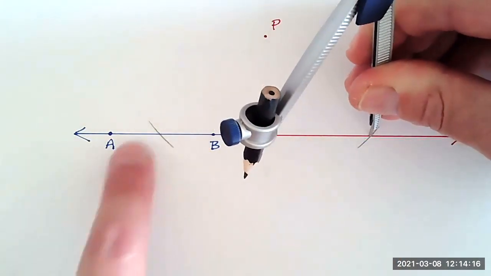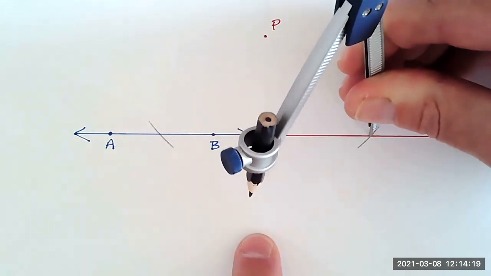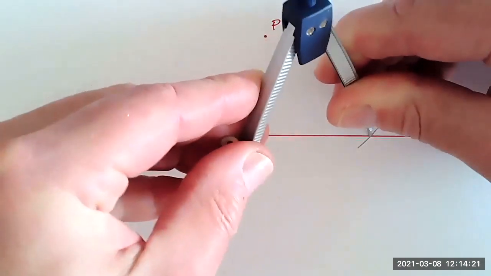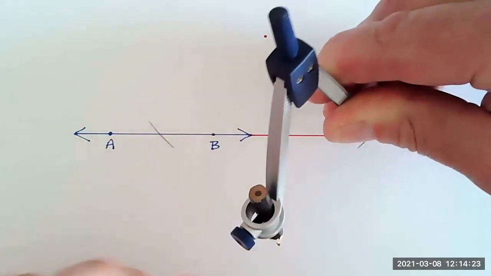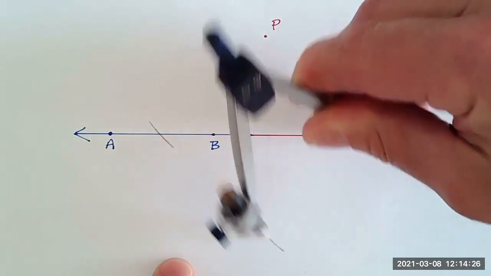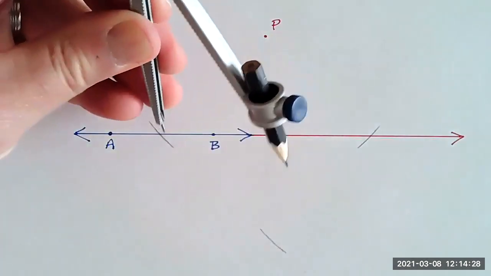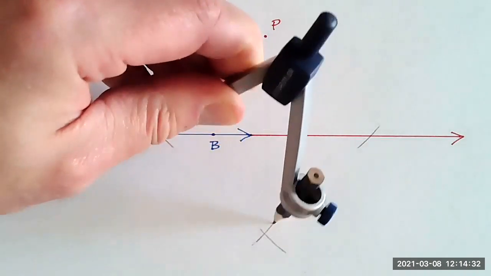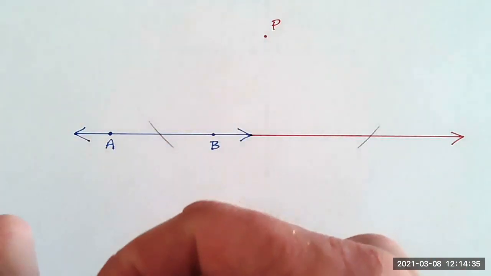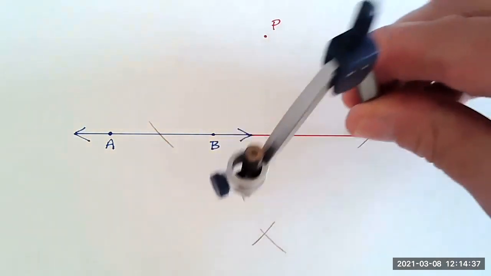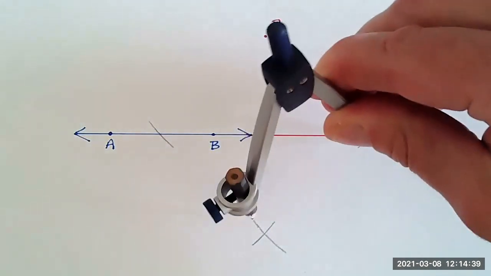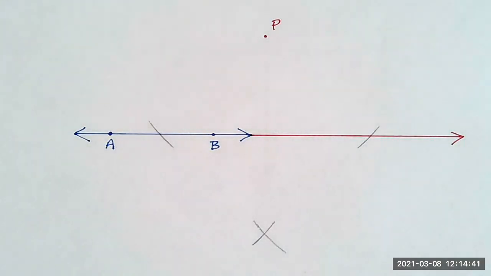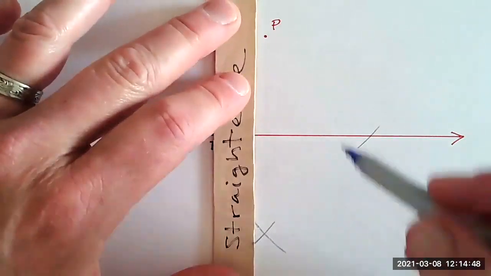Using these same intersections and a radius that's the same or different, it really doesn't matter, I'll throw two arcs that are equidistant from those two intersections with the line AB. Again, I check to make sure the compass has not moved. And there I have my two points that will define the perpendicular line segment.